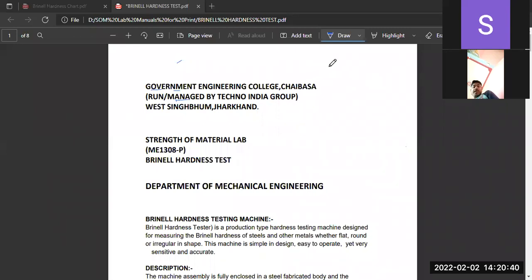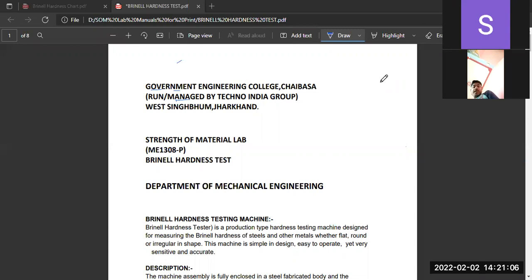Now, in your lab we'll go through the hardness of steel. There are 1,000 different types of steels available, but we are supposed to go through the hardness of mostly mild steels, then copper, aluminum, brass. So these are the 4 or 5 items we are supposed to check in your lab.